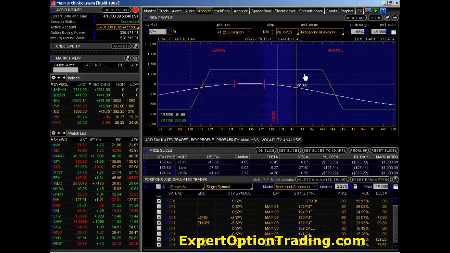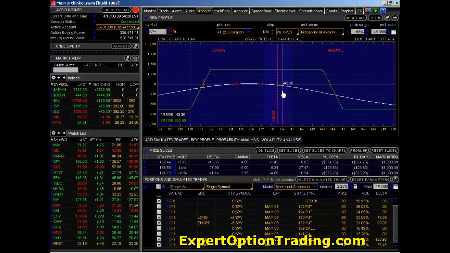It's a good opportunity, and it has not hurt our profitability on the overall position at all. If you take a look down here at our green expiration profitability graph, we're still at $370, which is very close to what we initially put the position on for. So we're hoping to get at least 50% on that, or about $180, going towards the close over the next couple of weeks.